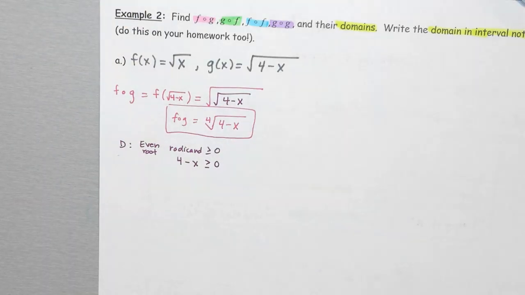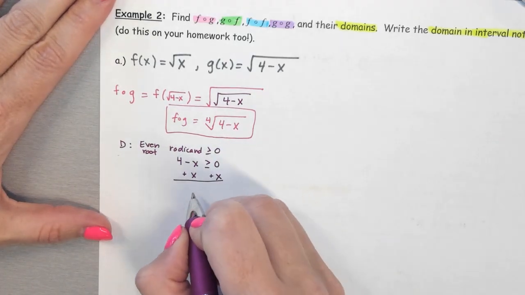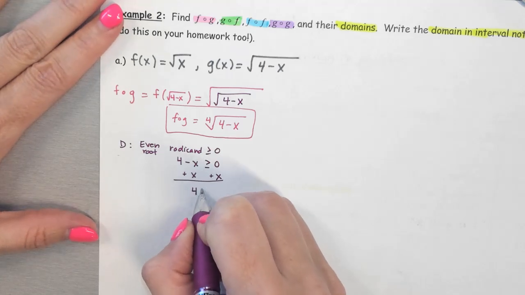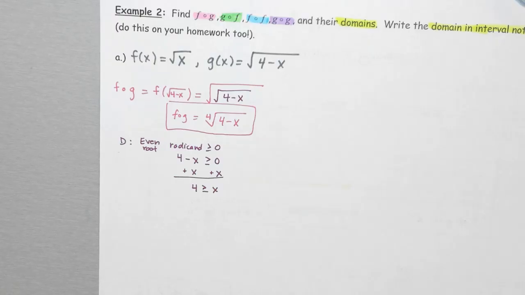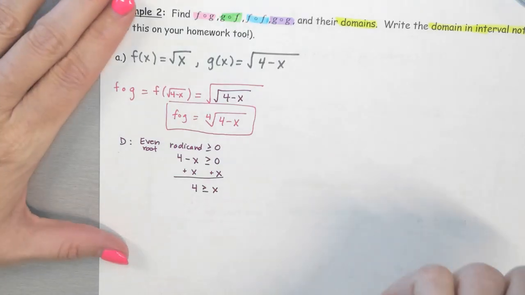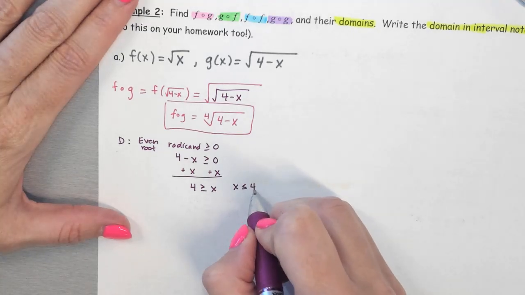There are cases where you might have to make a table. Like if that was 4 minus x squared, it would be quadratic. We make a table. This is linear, so we don't have to do that. So I would just move the x over, and then you don't have to worry about dividing by a negative. So then this is going to be x is less than or equal to 4.